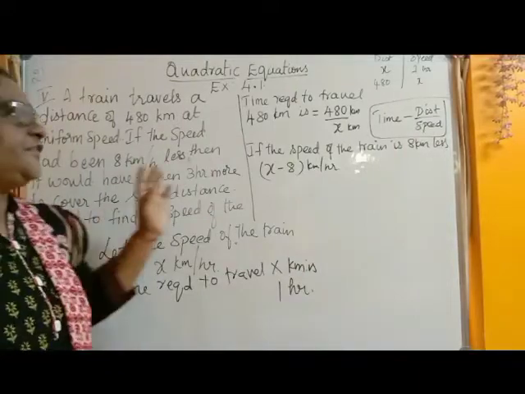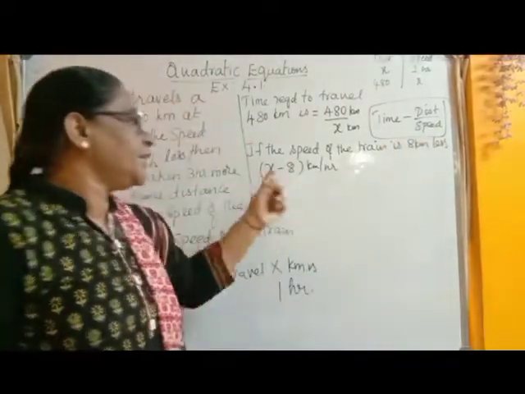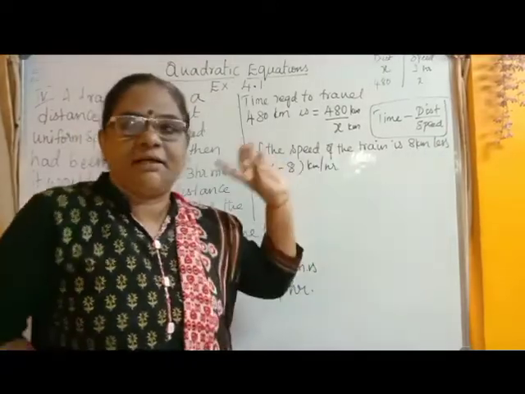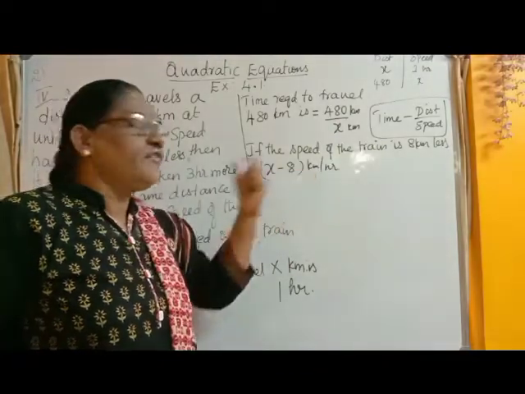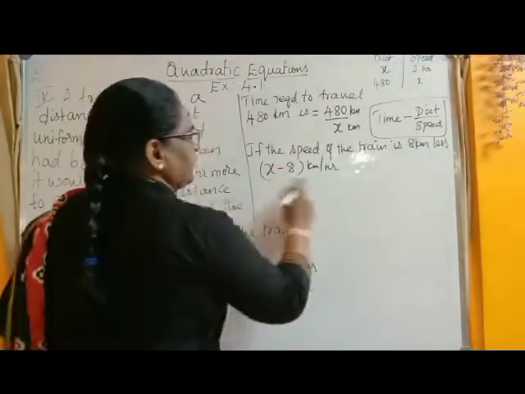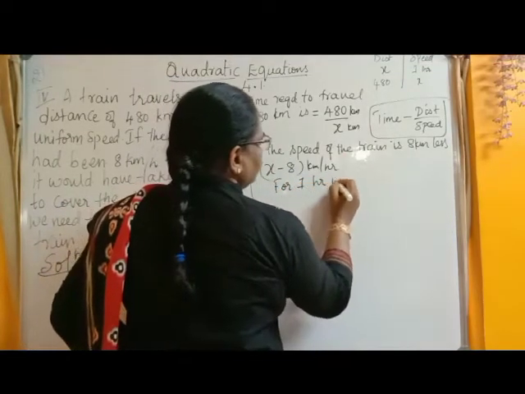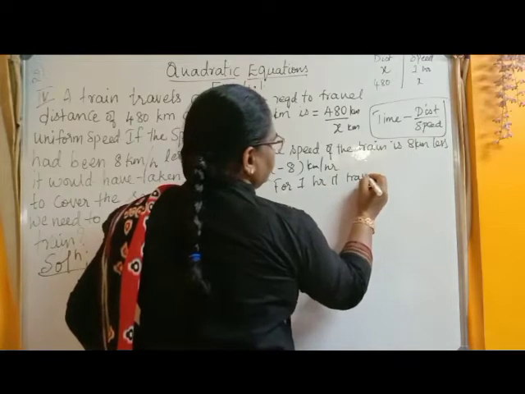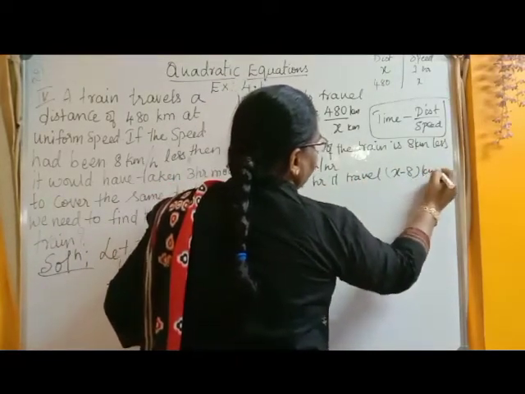So when the speed of the train decreases by 8 kilometers, it can be represented as x minus 8 kilometer per hour. Means for 1 hour, it travels a distance of x minus 8 kilometer.